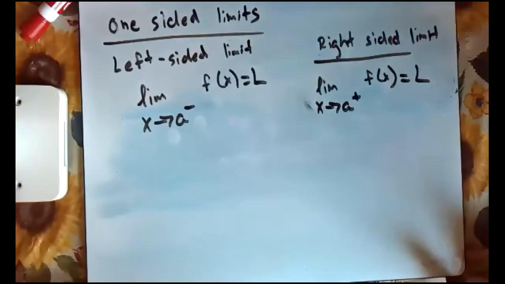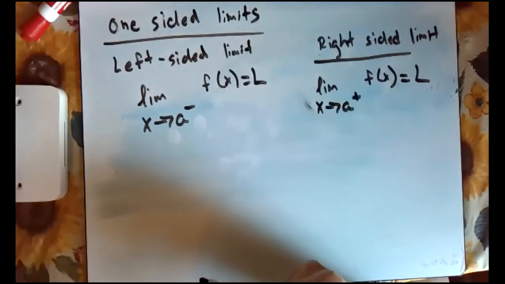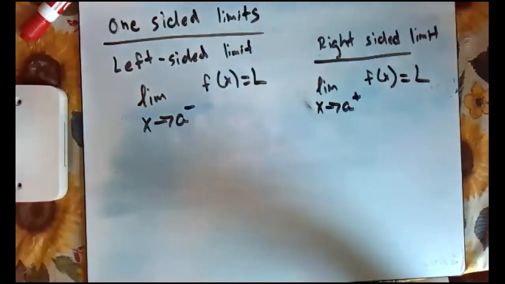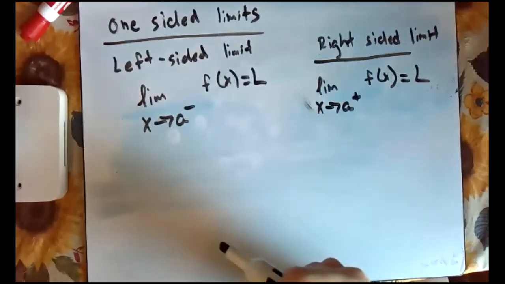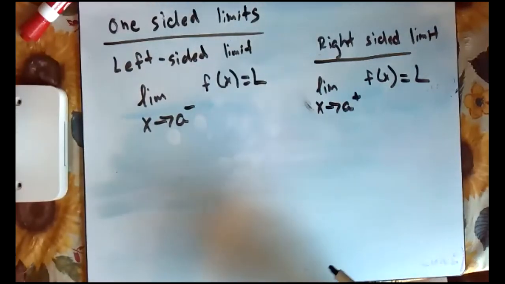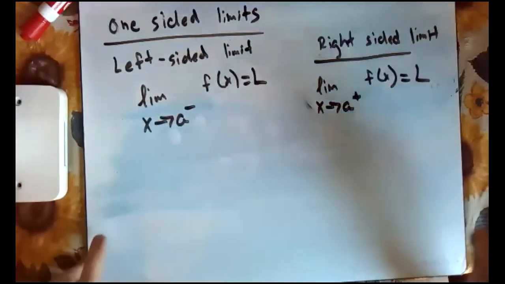Now, if we combine these two, which we have been doing with the past few problems, because remember we were talking about this journey, as x approaches a. So basically, if I get the same y value approaching a from the left and from the right, we can say that the limit exists.